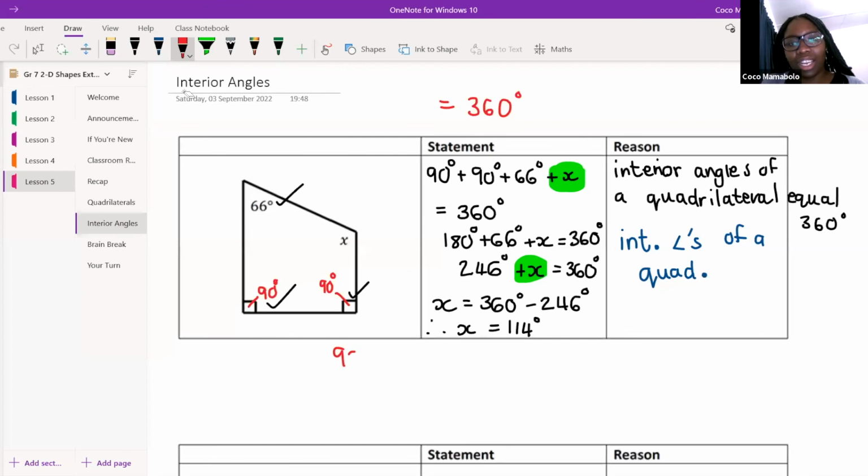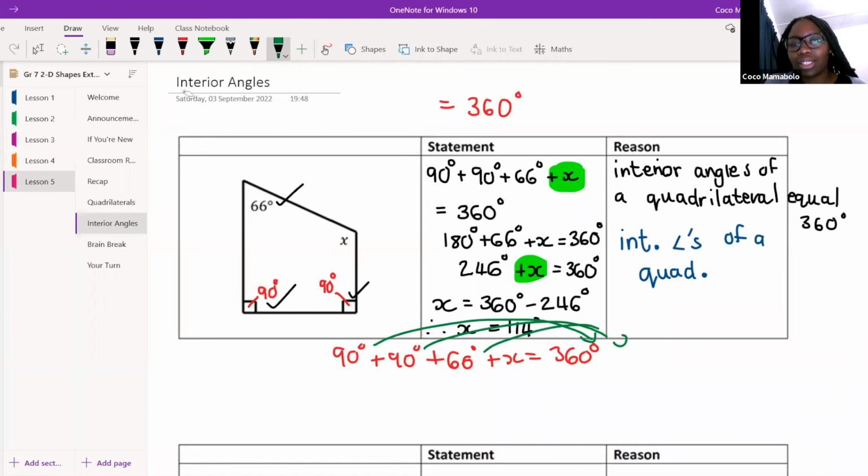So I would have had 90 degrees plus 90 degrees plus 66 degrees plus x is equal to 360 degrees. And I would have taken this 90 over and this 90 over and 66 degrees over. And what I would have had left is x is equal to 360 degrees minus 90 degrees minus 90 degrees minus 66 degrees.